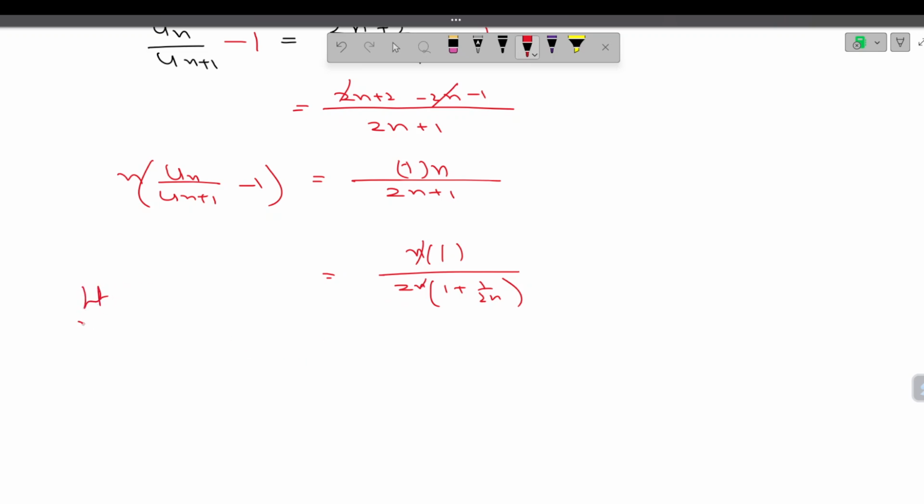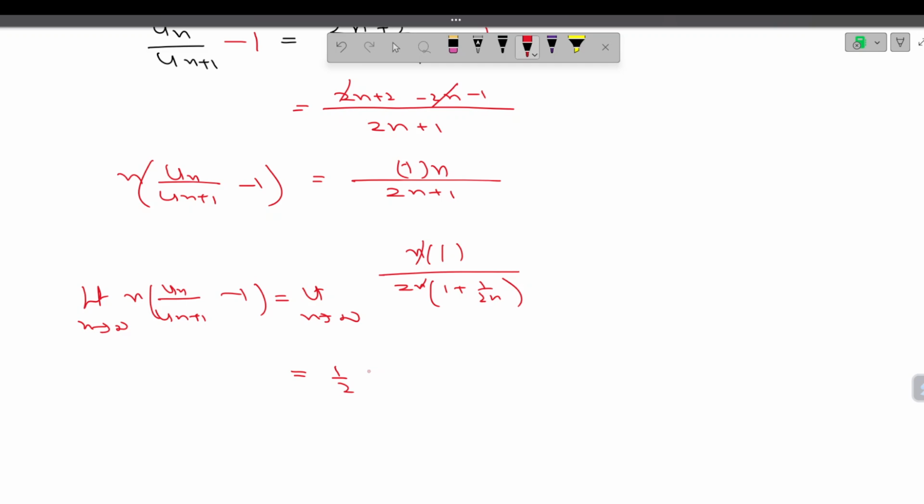Now apply the limit n tends to infinity n into Un by Un plus 1 minus 1 equal to limit n tends to infinity 1 by 2 times 1 plus 1 by 2n. As n tends to infinity, 1 by n tends to 0.